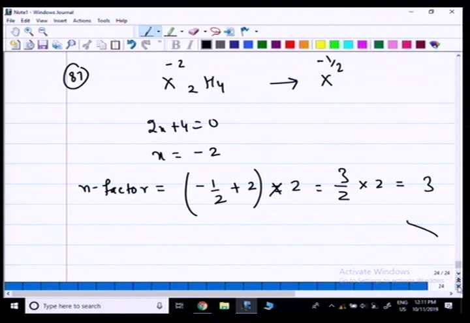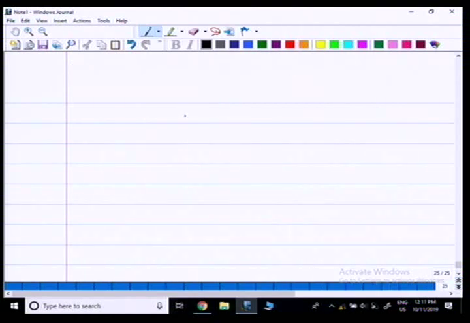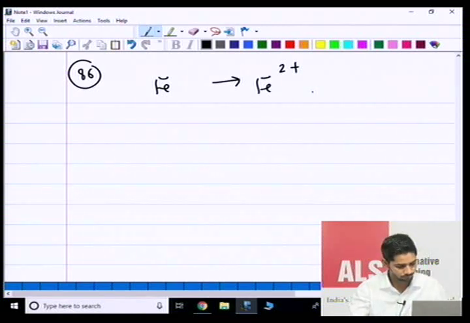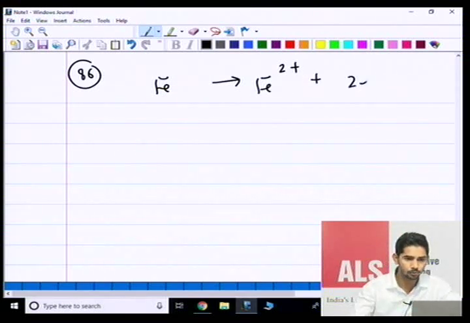86, 97, 98. Wait. 86. 1 mole of iron when oxidized to +2 oxidation state gives up... Iron is going into Fe2+. It will lose 2 electrons.